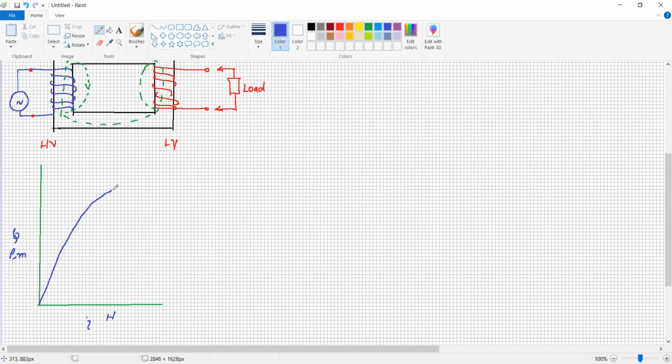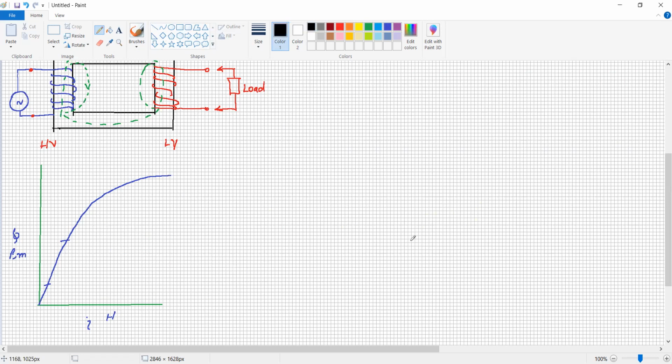There is a saturation part, but the transformer is designed on the linear part. So this is the linear part of the BH curve of the magnetic material, and this is the saturation. So the transformer is designed on the linear part, so it will give a constant value of permeability.